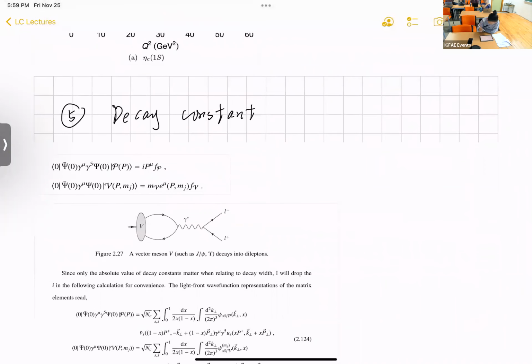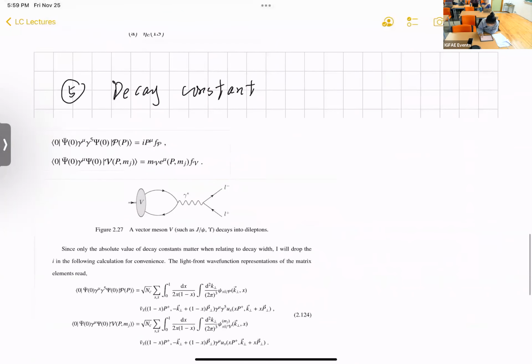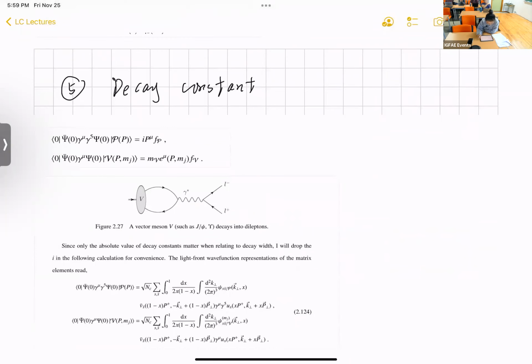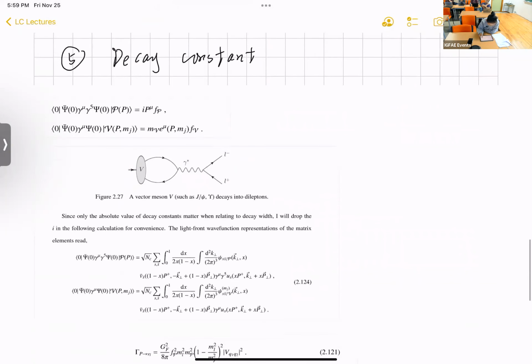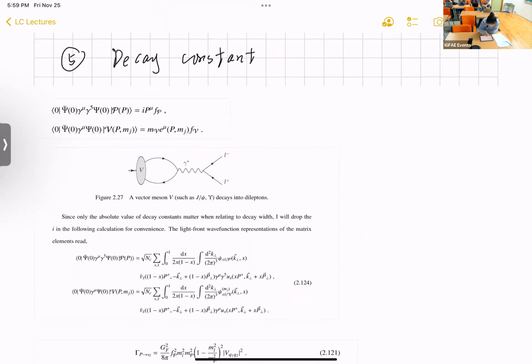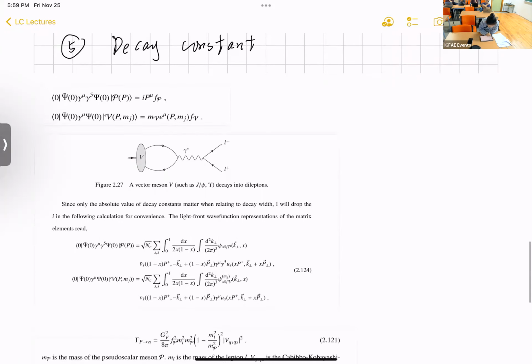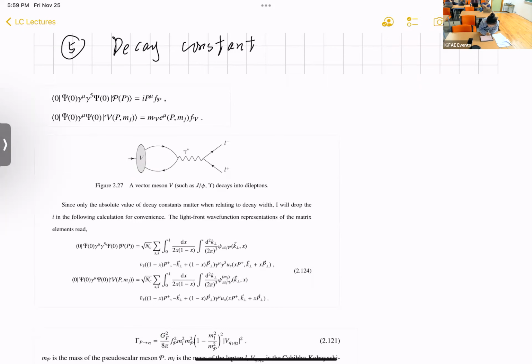And even more, just to let you have a feeling of how useful this kind of calculation is, you may encounter the decay constant at some stage. The way one gets the decay constant is by the same technique of Lorentz vector decomposition as we did today, but it's slightly different and actually simpler.